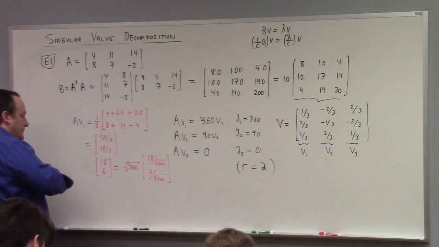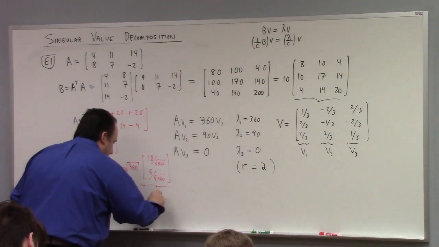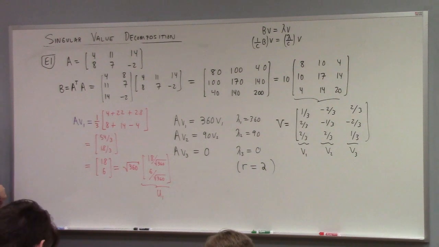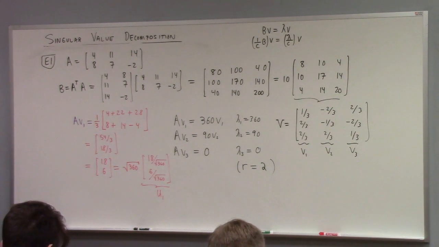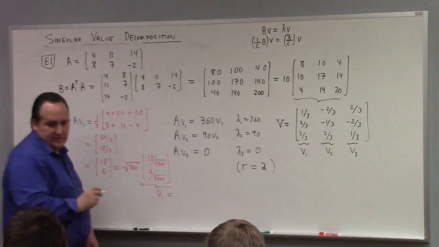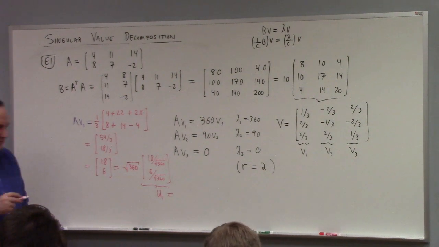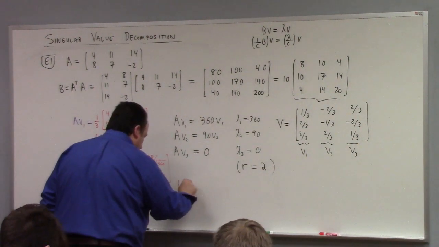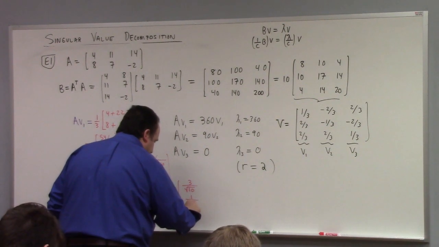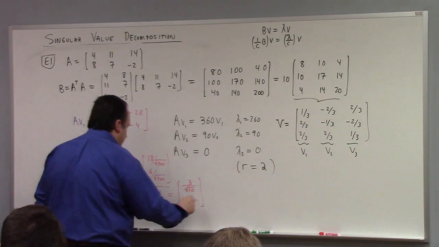So this right here is U1, all right? And similarly, AV2, when you work it out, simplifies to 3 over root 10 and 1 over root 10, which is obviously a unit vector, right?